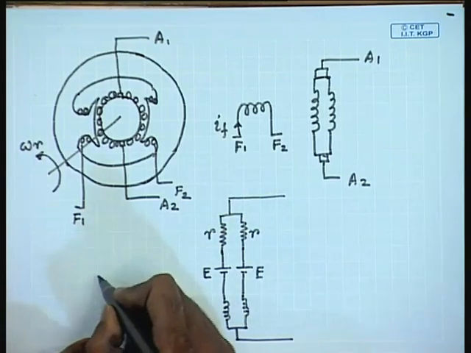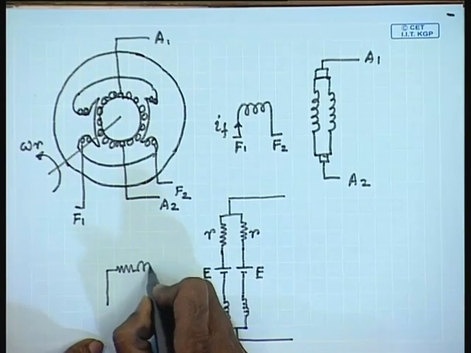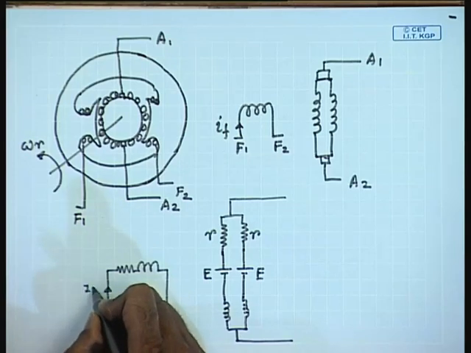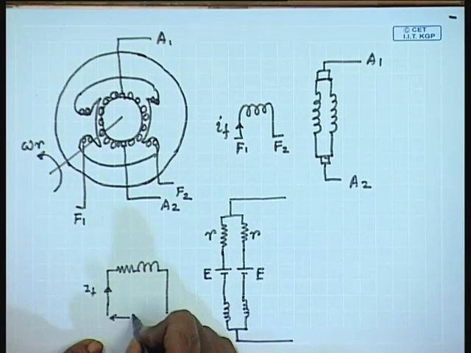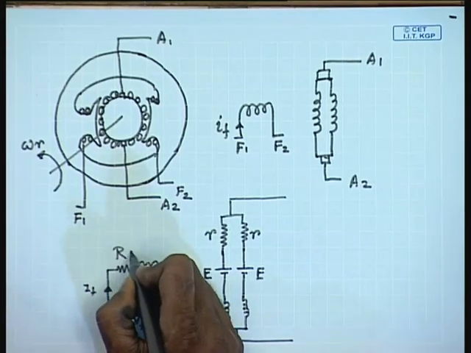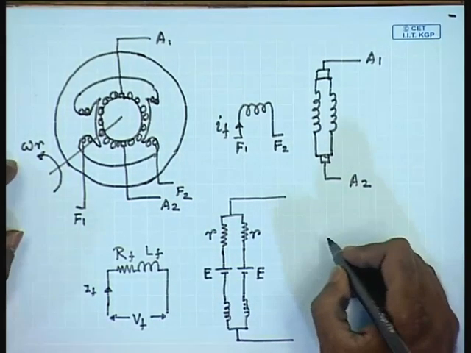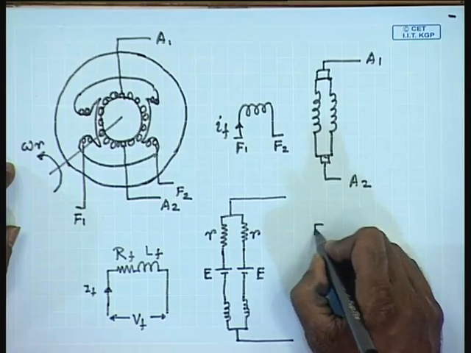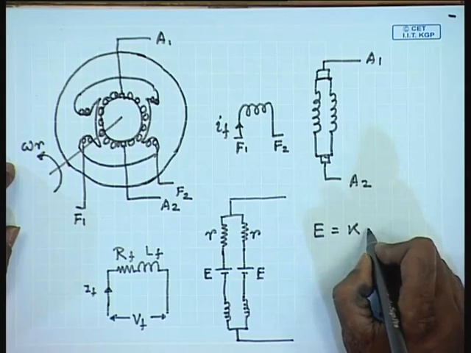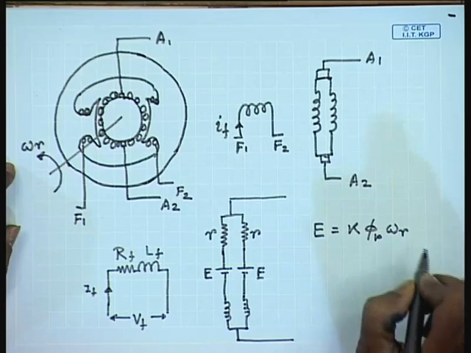Similarly, the field winding will have its resistance and inductance. E, as we have seen before, is given by back EMF constant K, flux per pole phi p into omega r.